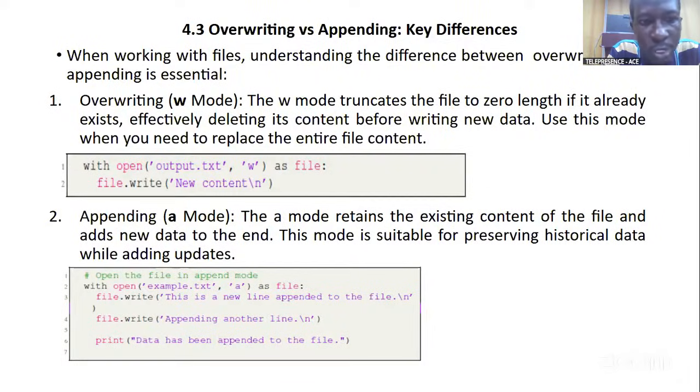Use this mode when you need to replace the entire file content. So if you want to overwrite the file that you already have, W is the one that will be used to overwrite the existing content of the data.